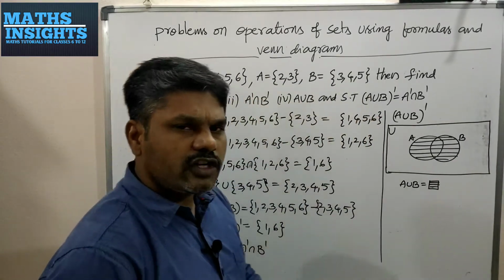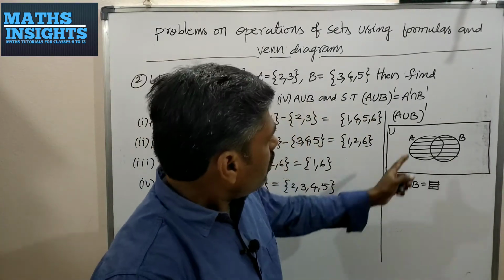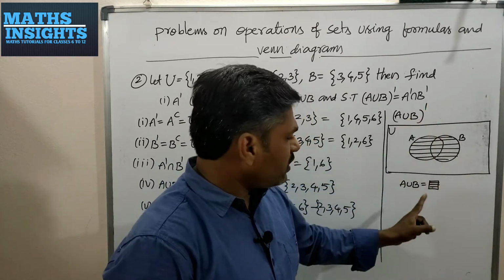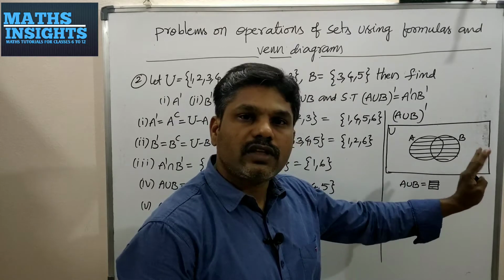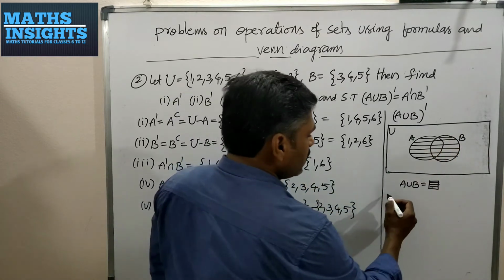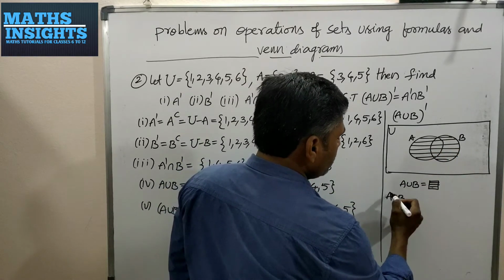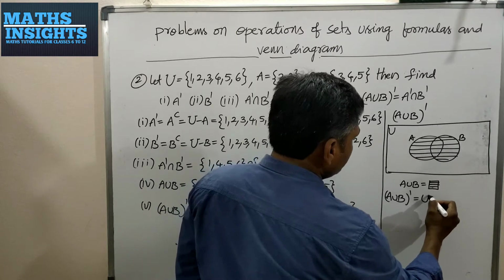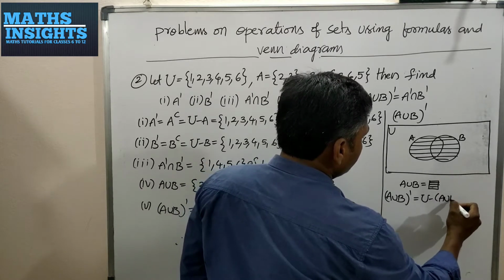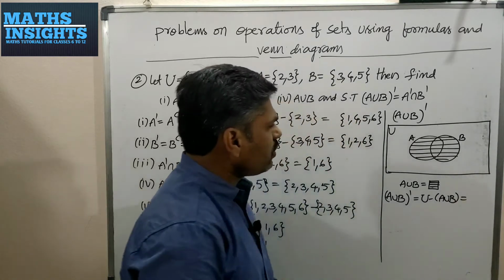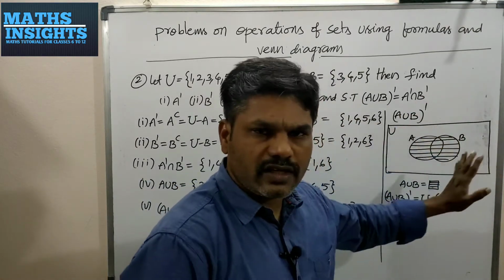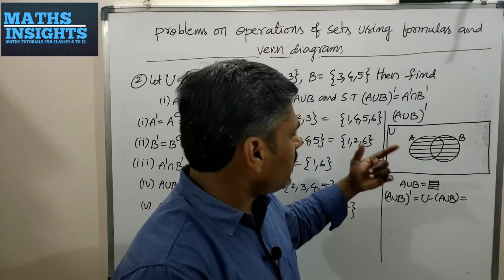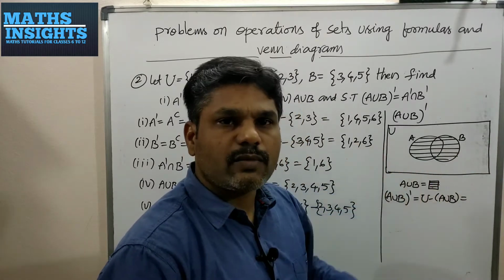Now (A union B) whole dash, that means the complement of this set, means you have to remove this from the universal set. Therefore I am writing (A union B) whole dash, that means U minus (A union B). That means you have to remove these horizontal lines and represent the remaining area with another type of lines.